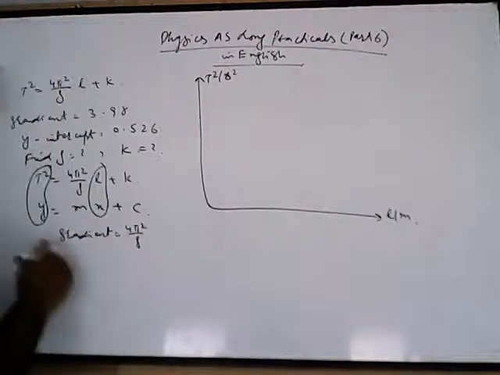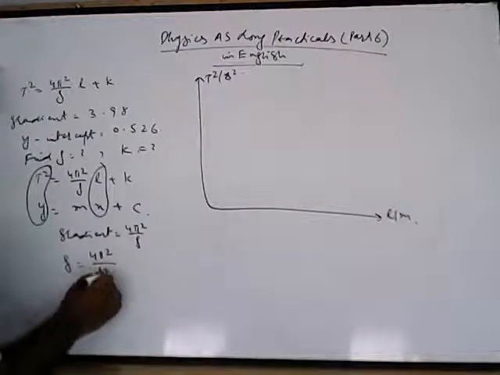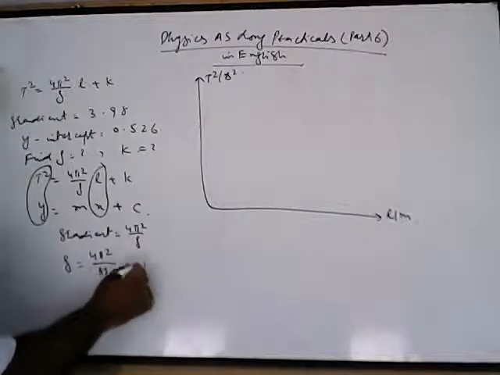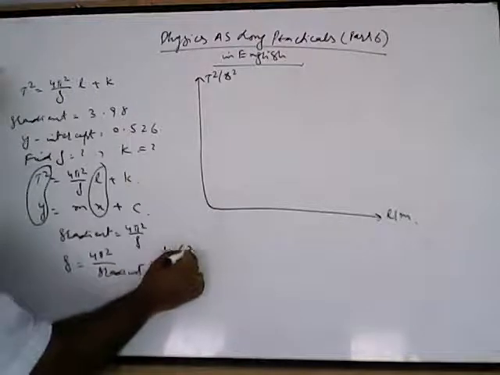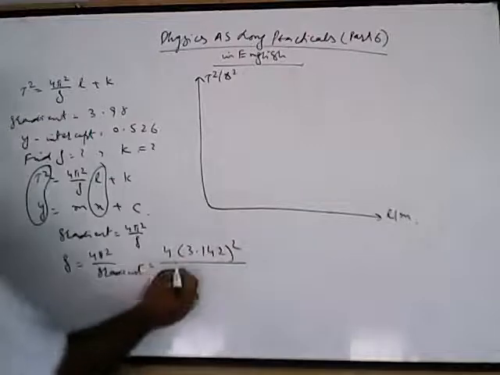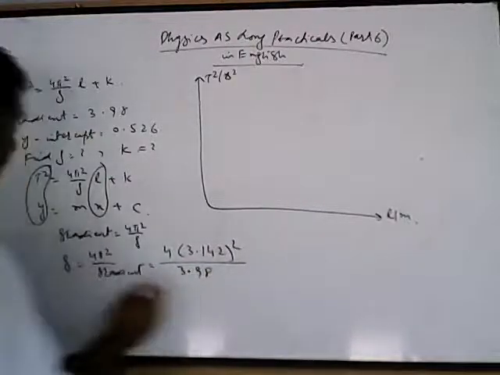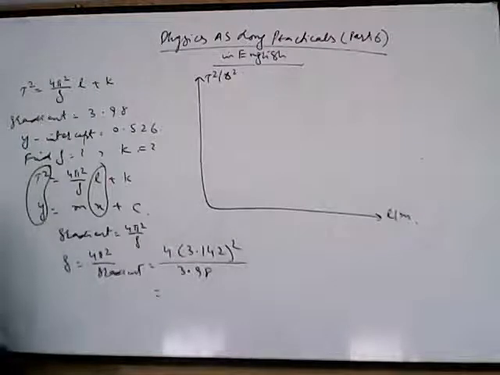I have to find the value of g. So g will be 4 pi square upon gradient. So it's 4 into the value of pi, 3.142, whole square, divided by the gradient, 3.98. I don't know whether the value of g will come right or not. It's just a supposition.